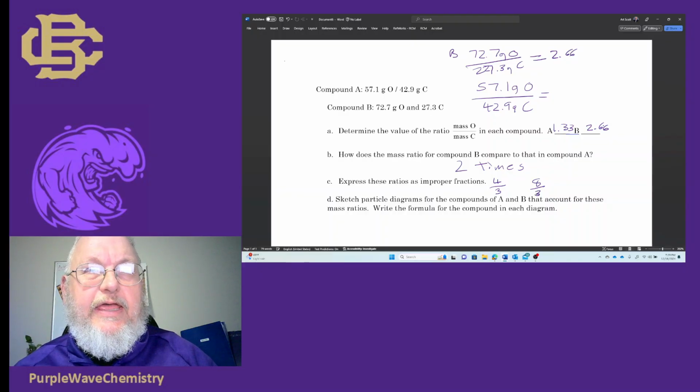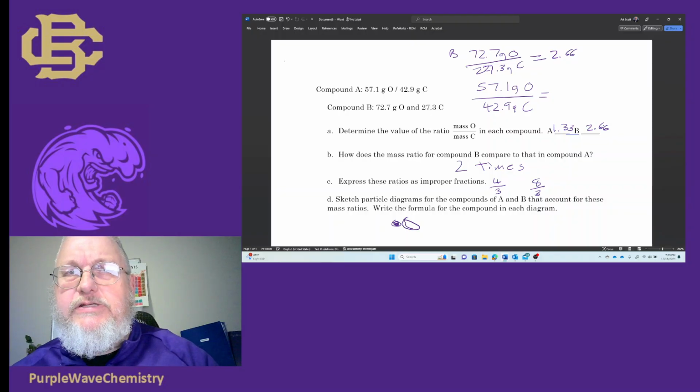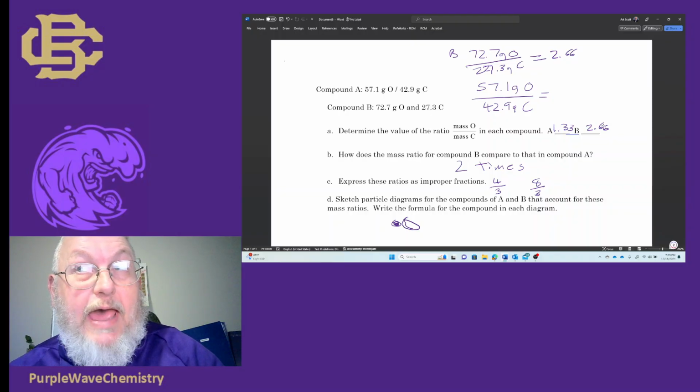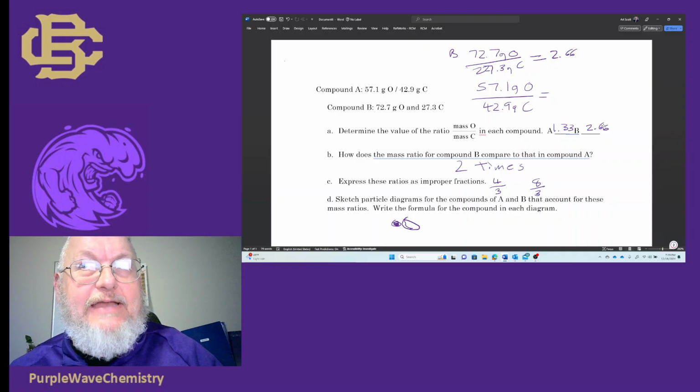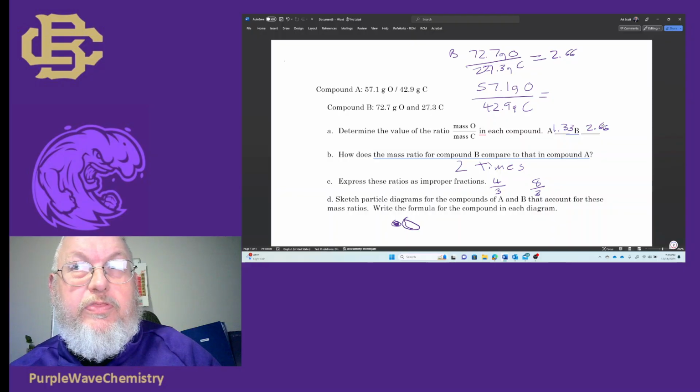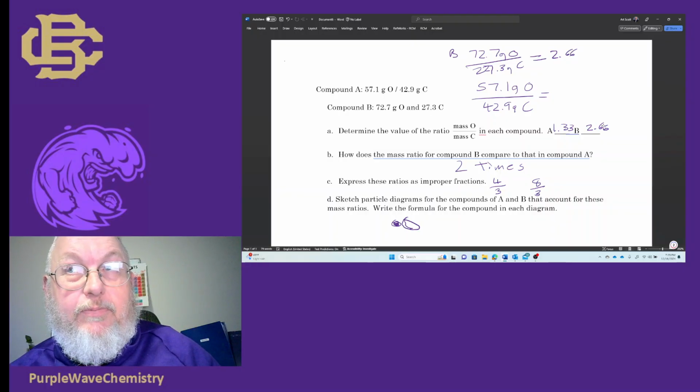So if A was one big one and one small one, I'm going to go ahead and fill this one in. That means that the oxygen is a little bit more massive. It's got more mass versus the carbon, or that the oxygen is 1.33 grams more than 1 gram of carbon. Okay, it's bigger.